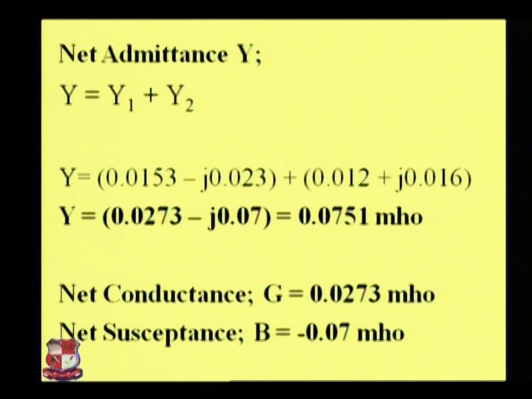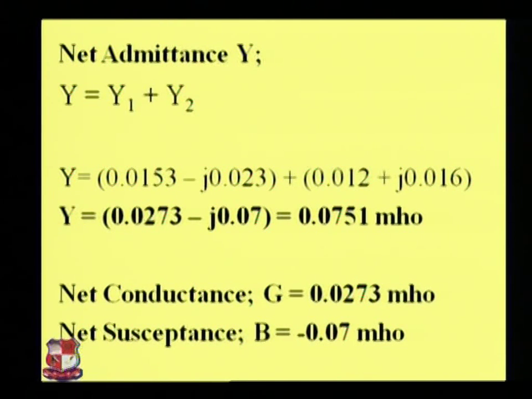The real part is 0.0273, the summation of 0.0153 and 0.012. For the j part, the 0.016 is subtracted from the 0.023.